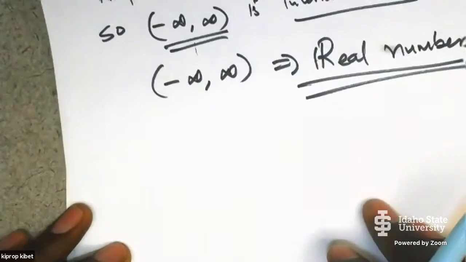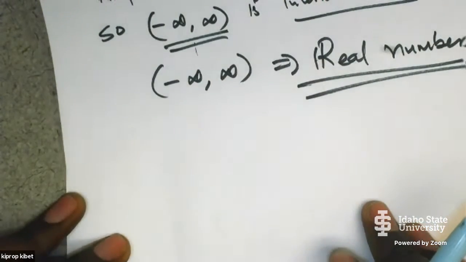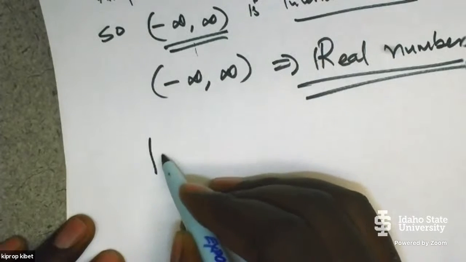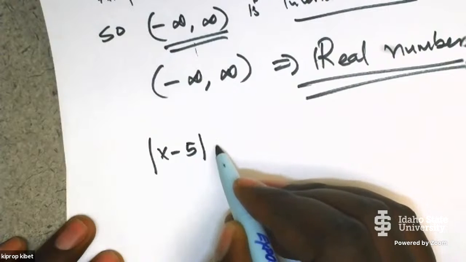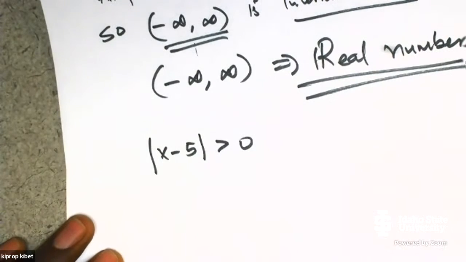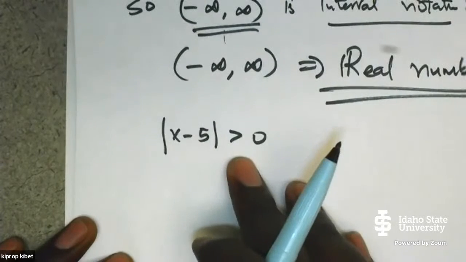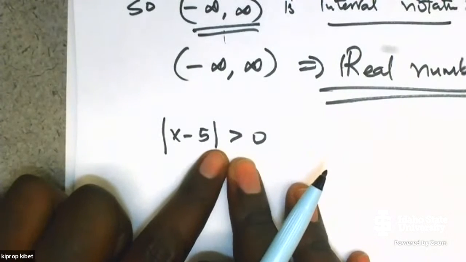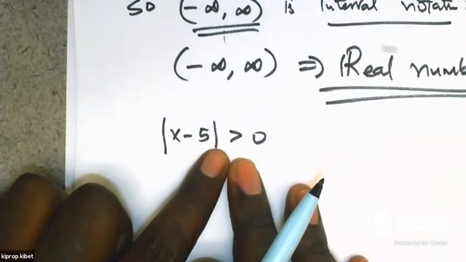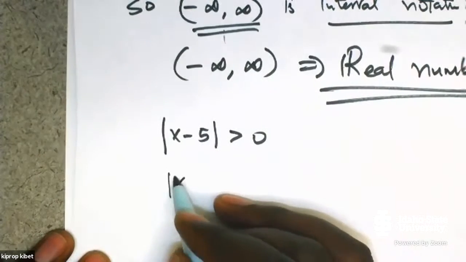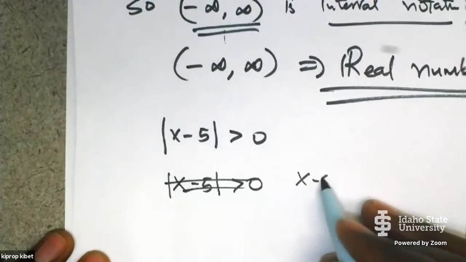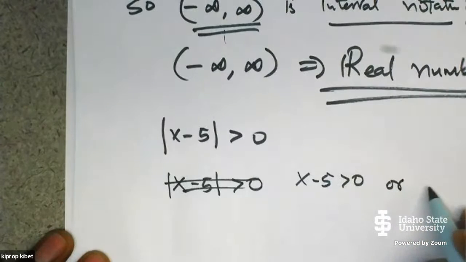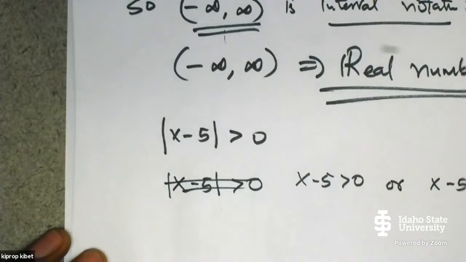Since we still have like 2 minutes, you can try this. The absolute value of x minus 5 is greater than 0. If it is greater than, then this one is or, right? So x minus 5 is greater than 0, or x minus 5 is less than 0.